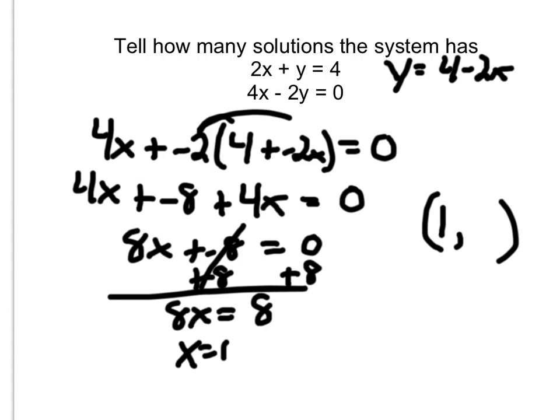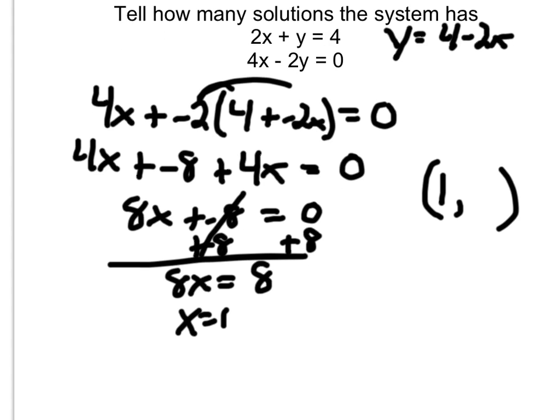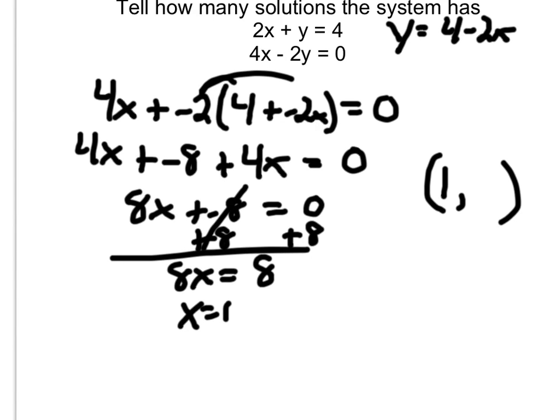To figure that out, I'll plug it back into the top equation. Or actually, sorry, let's plug it into the substitution equation that we had over here. So y equals 4 plus negative 2 times my x, which is 1.